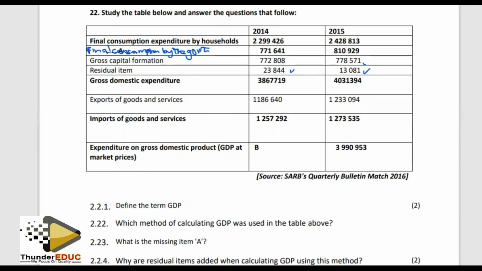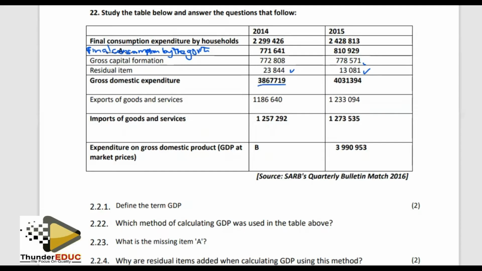See this? Residual items are given here. So that gives us what we call gross domestic expenditure.